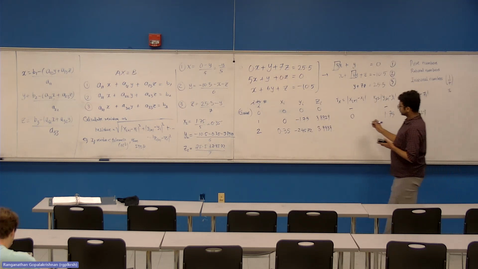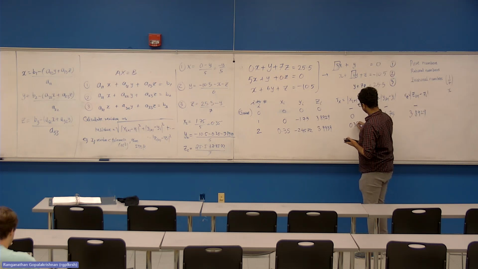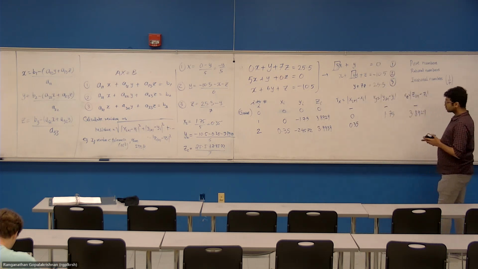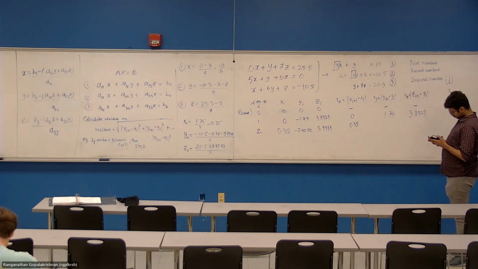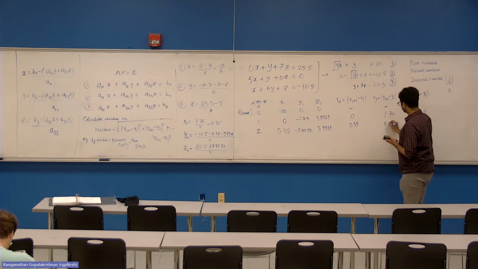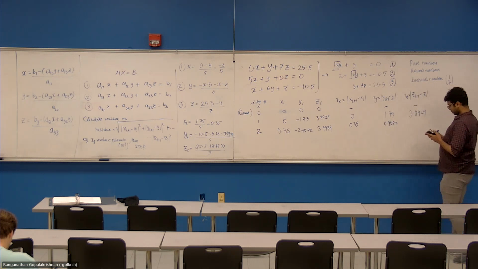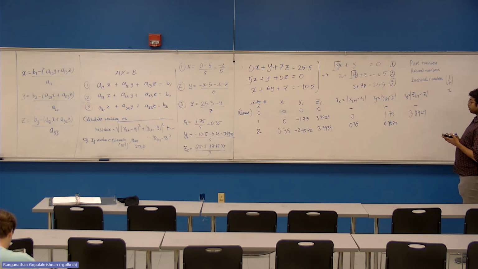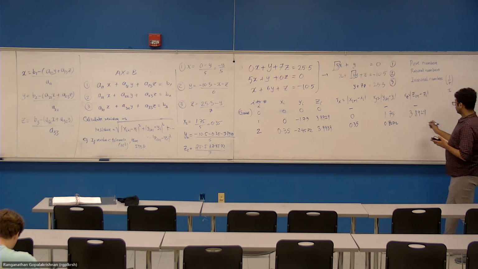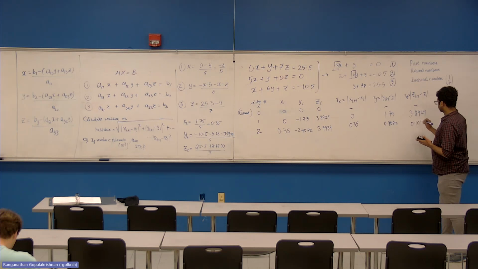So what is our residues? 0.35, 0.7072, this is 3.8929 minus 99, 0.1010.